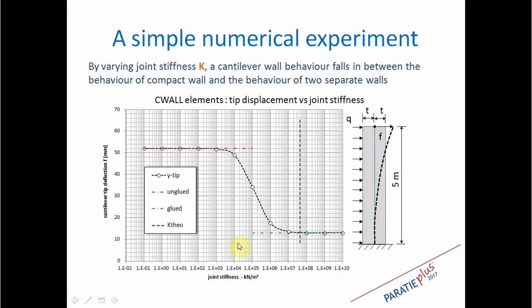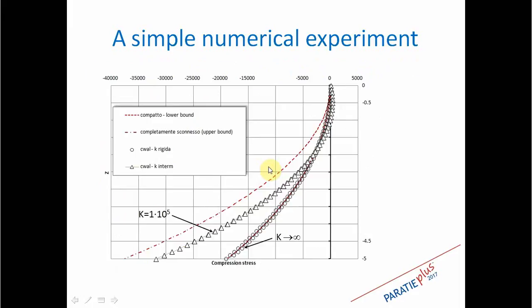Whereas on the opposite side, if the stiffness of the joint is above a certain value, we have the bending deflection of the cantilever as a whole. In between, we have a smooth transition zone between the two.